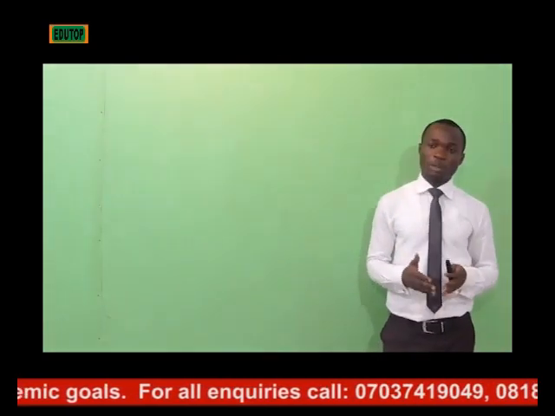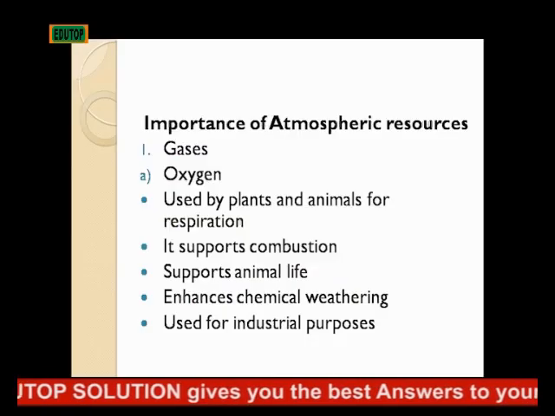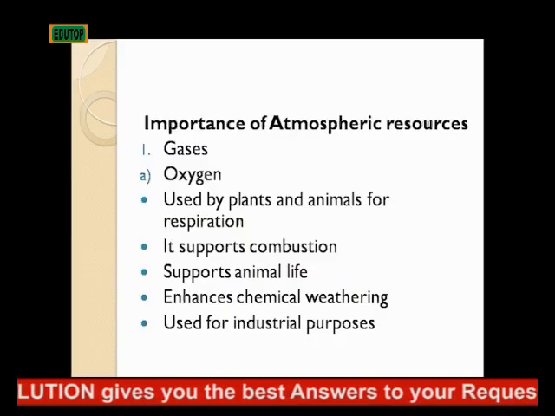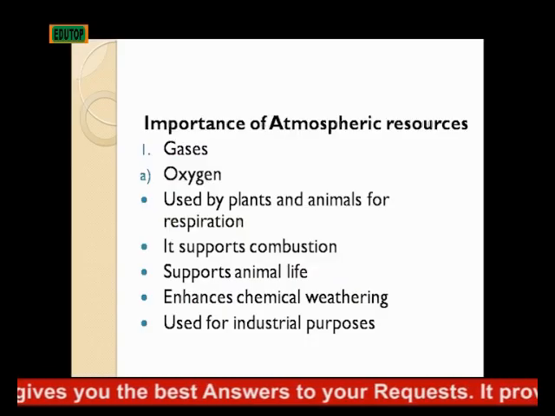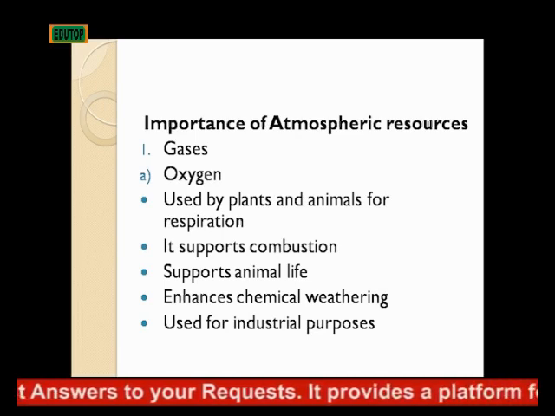It may get to a point where they cannot withstand the inadequacy of oxygen and they will give up. That means they will die. So oxygen is very essential for life. And oxygen enhances chemical reaction or chemical weathering, and it's also used for many industrial purposes.